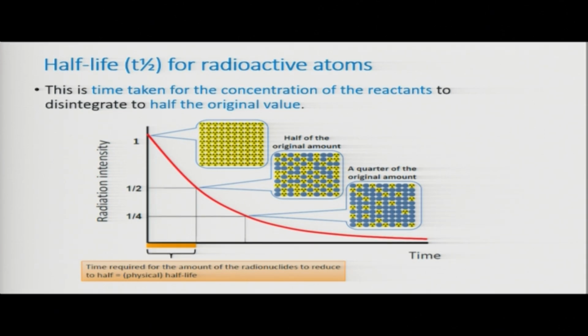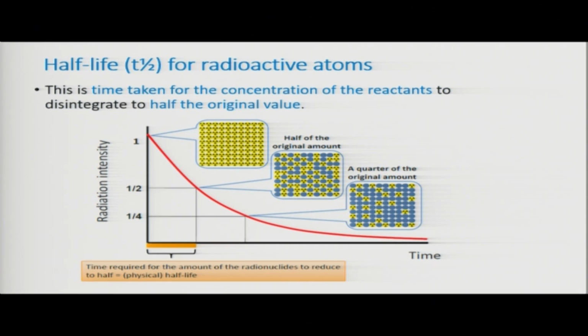Similarly, the half of that atom disintegrating, giving a quarter, is still the half-life. So, in brief, any original value you're having at the start, decaying to attain half that value, the time it takes is what we consider as half-life.